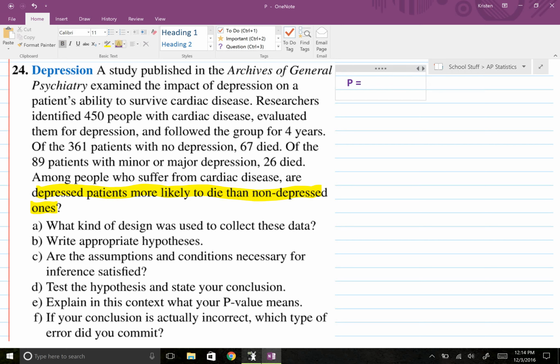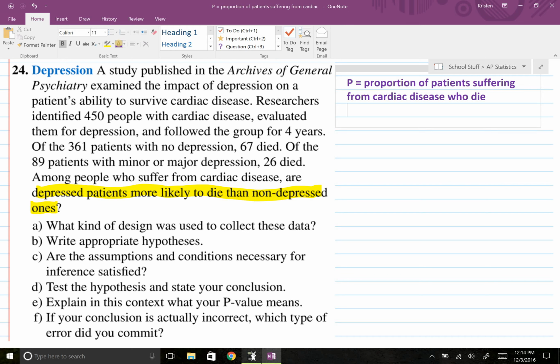So P is going to stand for the proportion of patients suffering from cardiac disease who die. Again, I am not denoting whether or not these are patients with or without depression because that's going to come into my actual sample breakdown.